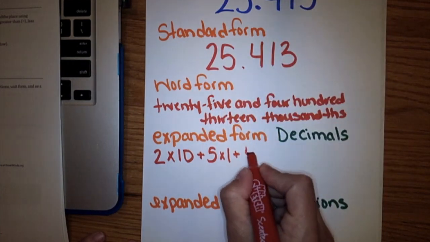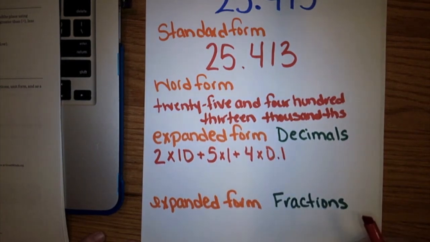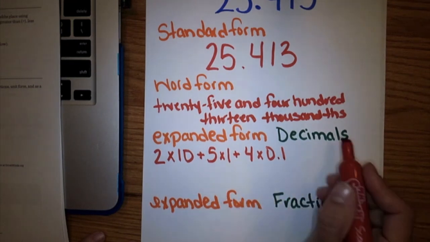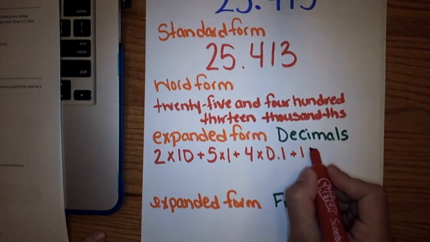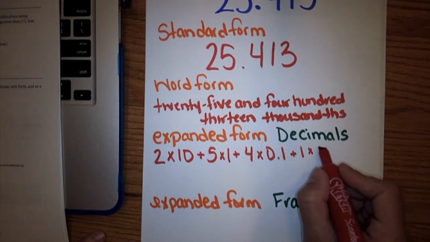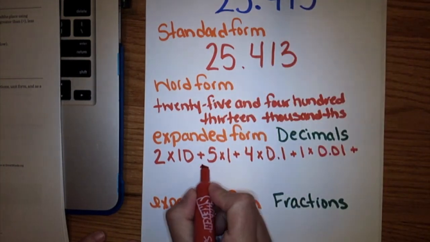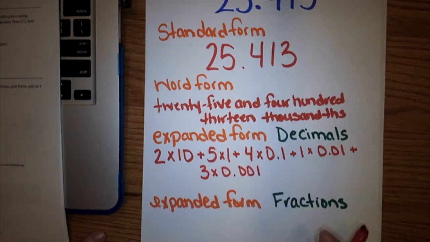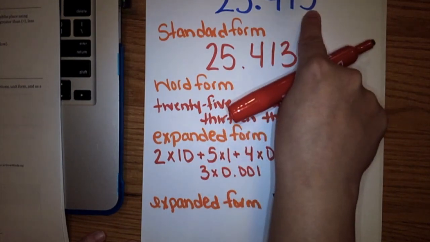So we're going to take that number 4 and we're going to multiply it by a group of 10, a tenths. So it's 4 groups of 1/10. Then we're going to take this 1, one group, times one group of 1/100ths, plus 3 groups of 1/1000ths, 1, 2, 1, 2 spots before the number.